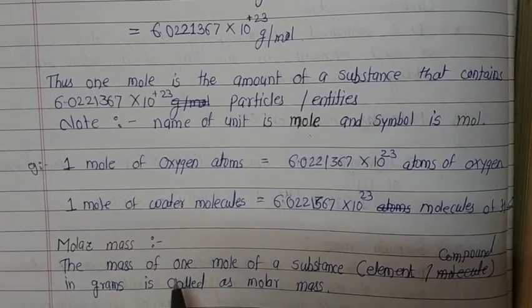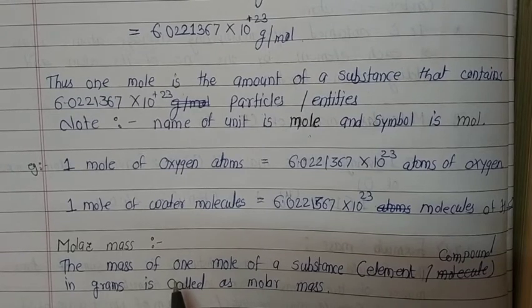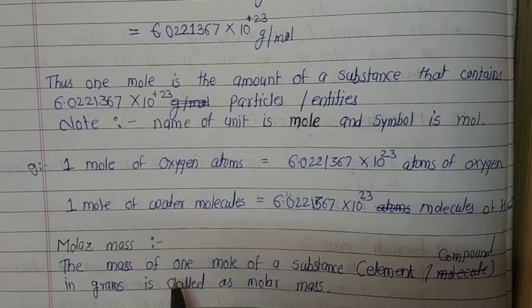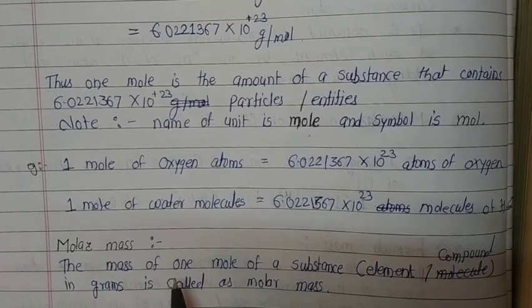Another example is 1 mole of sodium chloride, which is equal to 6.0221367 × 10^23 molecules of NaCl, or formula units of NaCl.